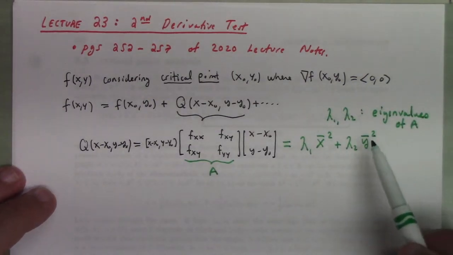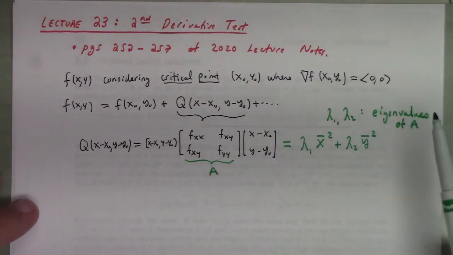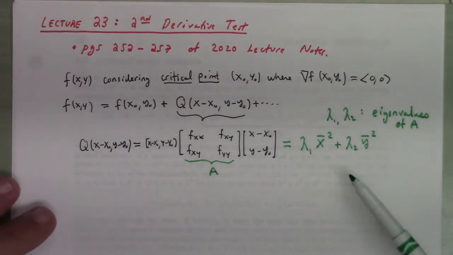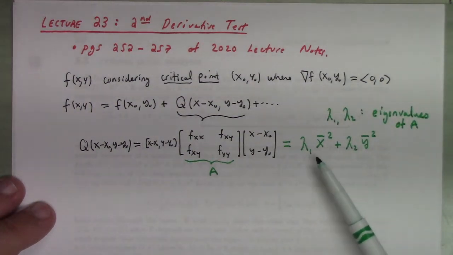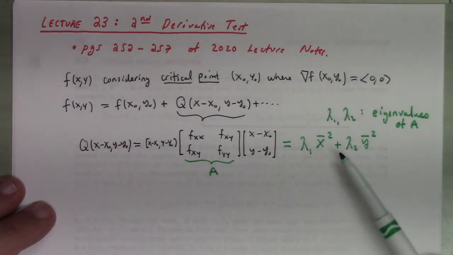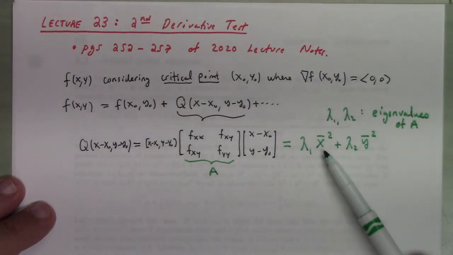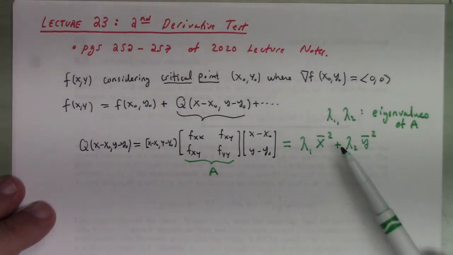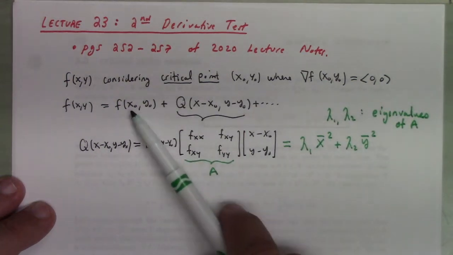So once you have that formula, it becomes really easy to answer the question of, given a critical point, is it a max or a min? Well, certainly if both of these are positive, then it's going to be a minimum, because anytime you go away from 0, 0, this is going to get larger than that value.